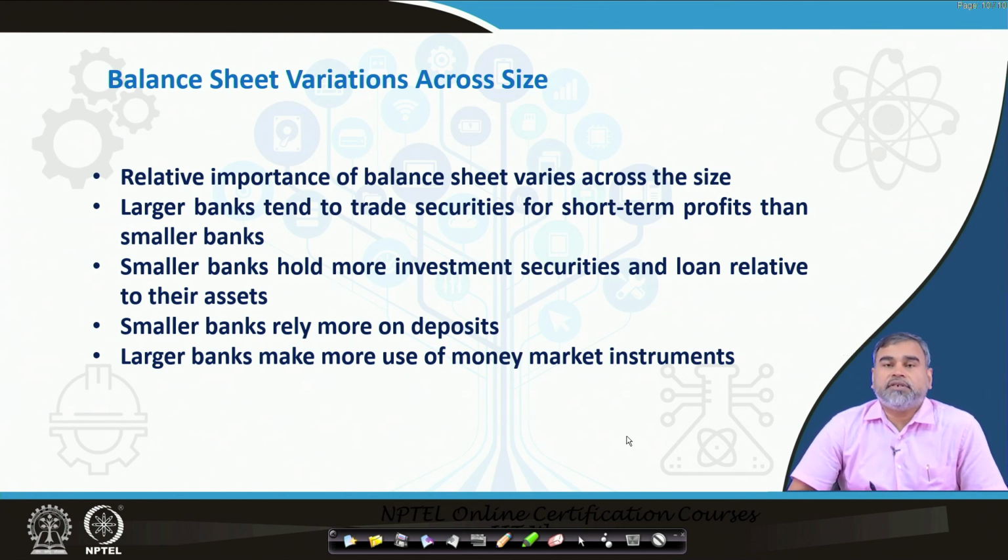Larger banks always try to use money market instruments more than smaller banks. So, this is the observation made by analyzing balance sheets across different countries, that according to size, the composition of the balance sheet changes.